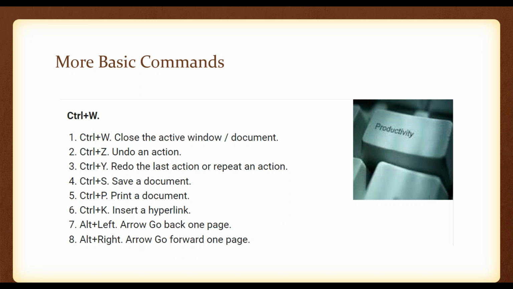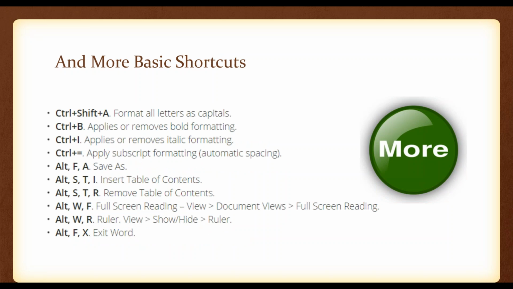And maybe on that one, associate that K with the last letter in hyperlink. Alt left, go back one page. Alt right, go forward one page if you have a long document. So all of these can be really simple and simply remembered, but it does take practice.